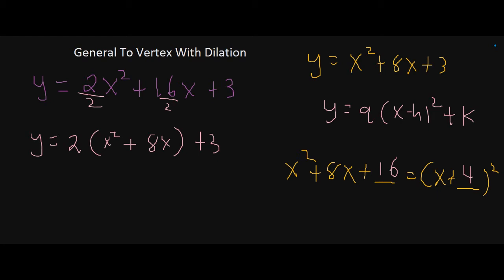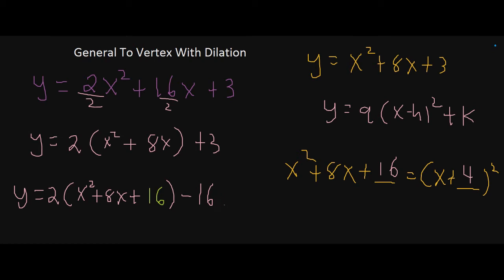So inside the parentheses, we want to add 16. We're going to do it just like how we added it before in the other videos. We got x squared plus 8x plus, well, we're going to add the 16. Now, just like before, we're going to subtract the 16. But there is one special condition.